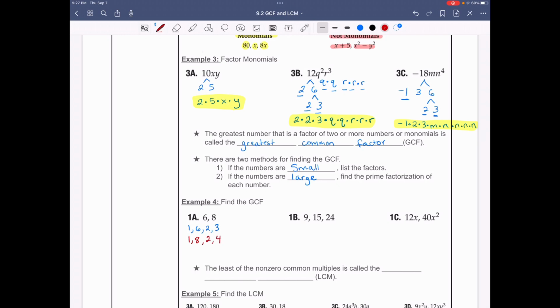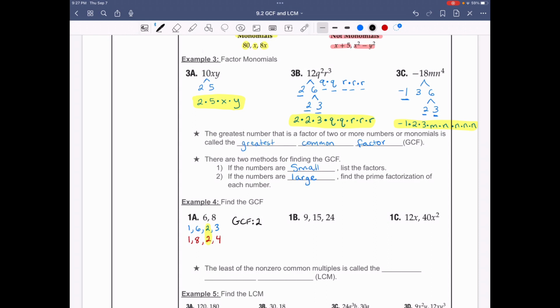So when we look at this list, we want to find the greatest factor that's the same. So 1 is the same, but that's not the greatest because 2 and 2 are the same. So the GCF of 6 and 8 is 2.